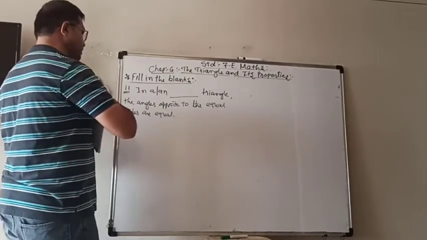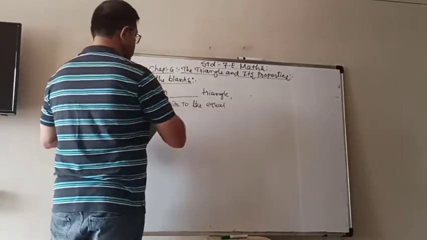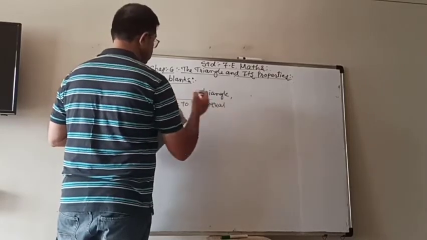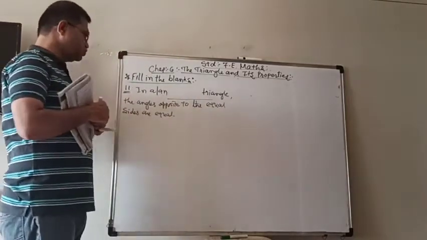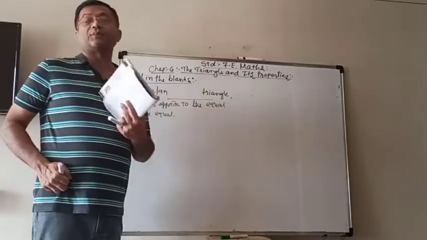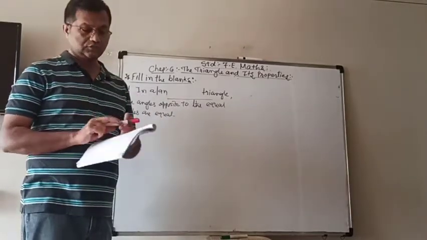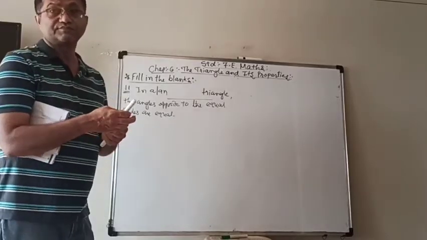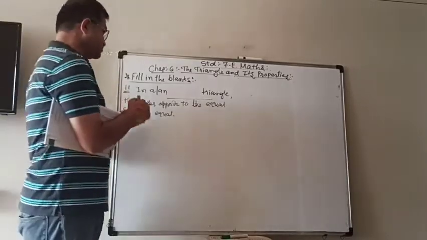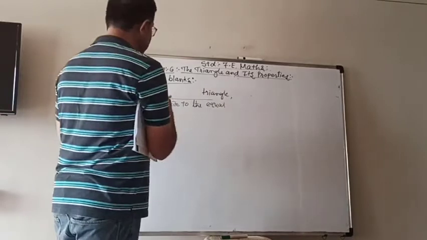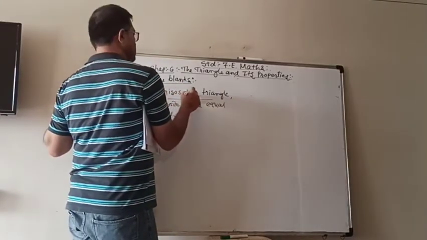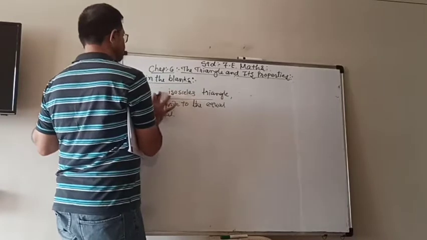So now we know in which triangle the two angles opposite the equal sides are equal. If two sides are equal, what is it called? It is an isosceles triangle. So the answer is isosceles triangle.